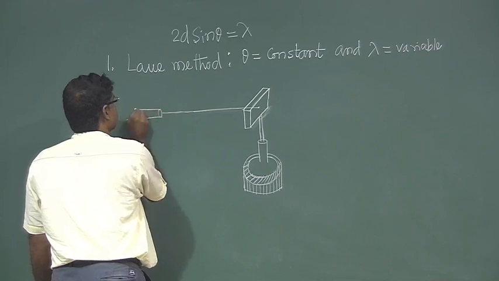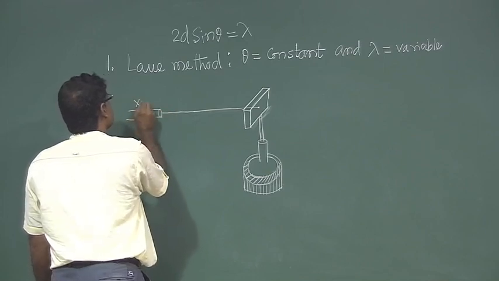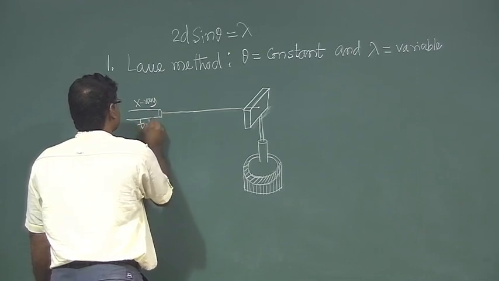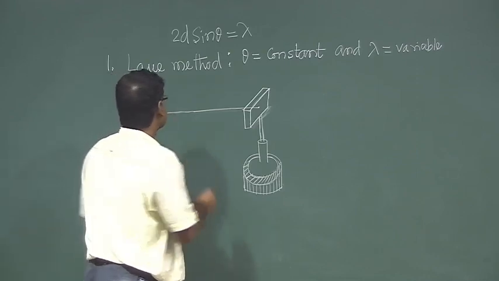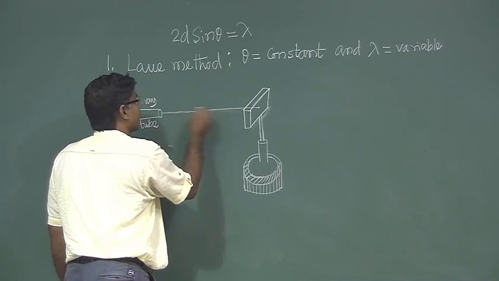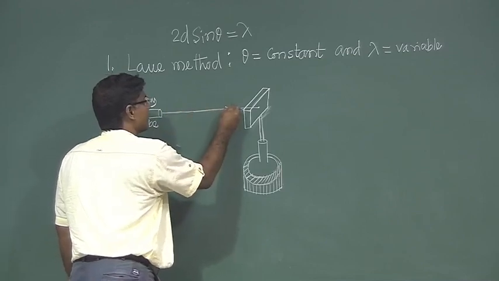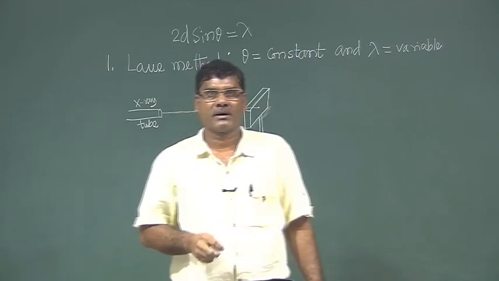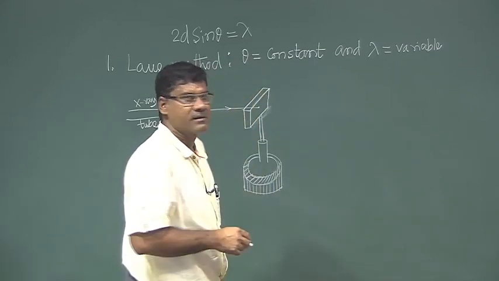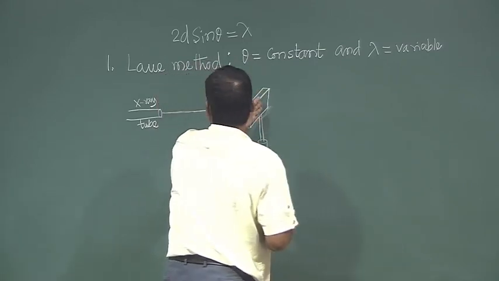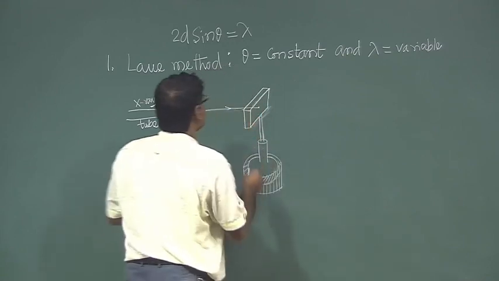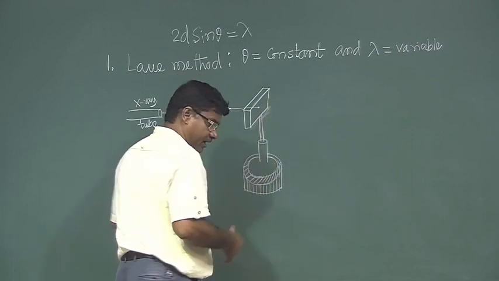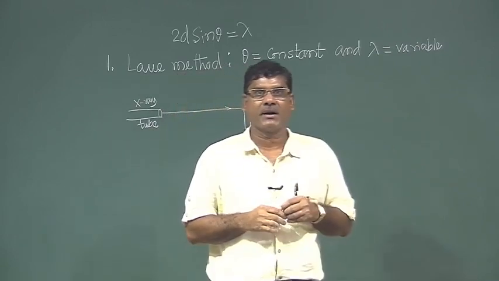Say this is the X-ray tube. The X-ray is coming and falling on that crystal, and then it will be diffracted in all directions, right? Satisfying this condition, it will be diffracted in all directions.